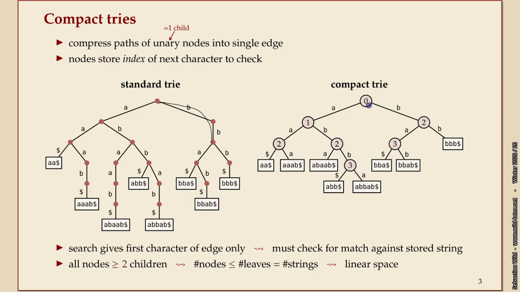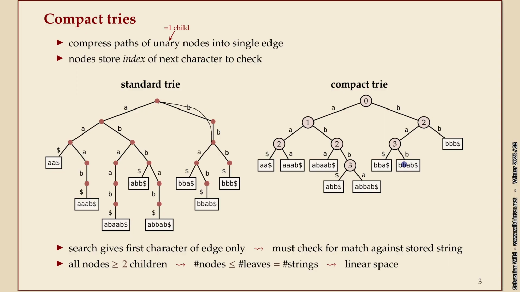For example, the root always has the 0 because that's the first character that we read from all the strings. We start at 0, remember, all indices start at 0. Now, if you follow down this right path, we skip the index 1. The next branch here is looking at the character at index 2. And if you take these two strings, BBB, BBA, you see they're the same on the first two characters, as is the third here. There's nothing that starts with BA. So that's all we do.